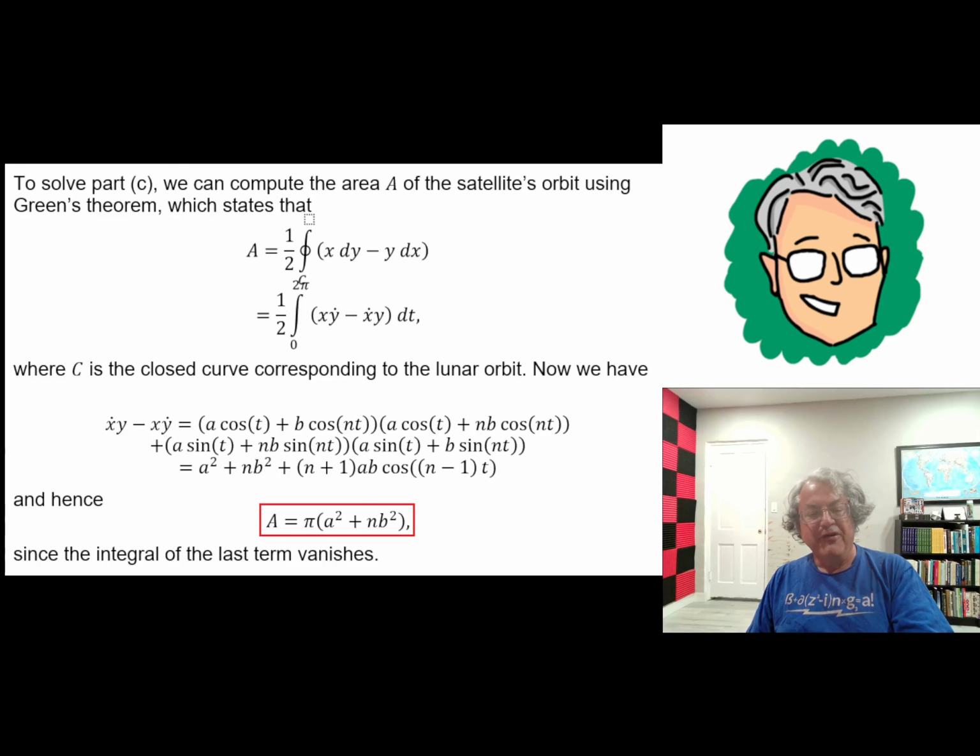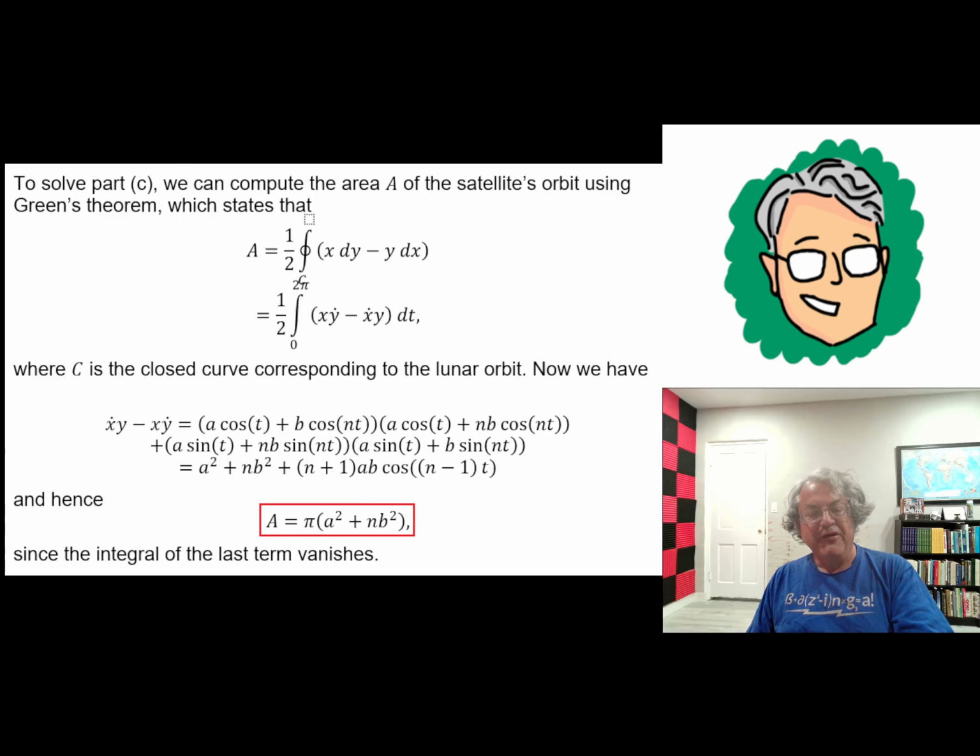So we're going to get 1/2 times 2 pi, which is just pi, times the constant term, which is a squared plus nb squared. So that's the area. I think it's a really nice formula. You can do a sanity check on this when n is 0. It's just pi a squared. That's the case where the satellite's not orbiting at all.